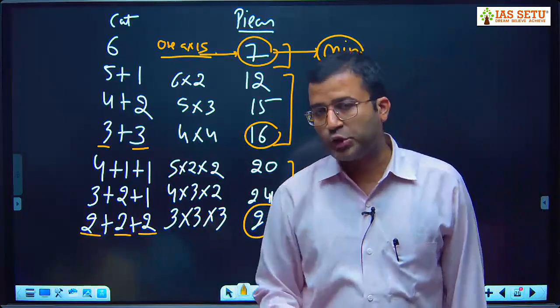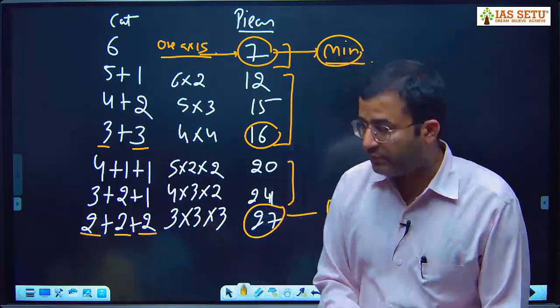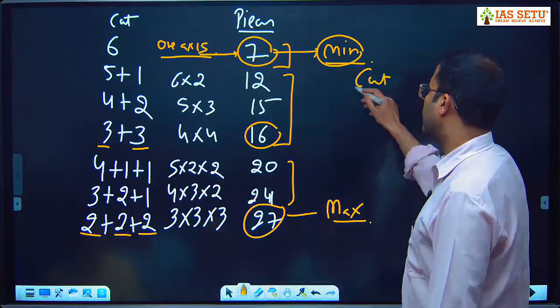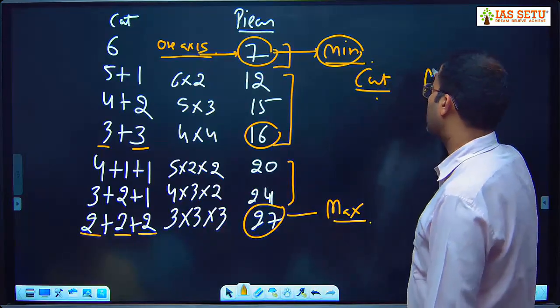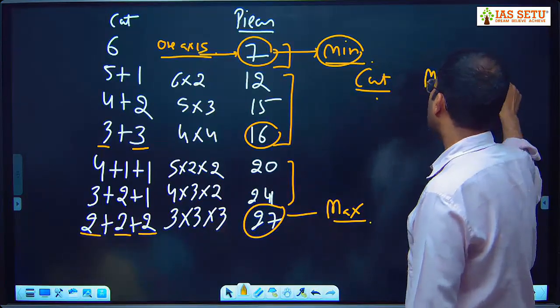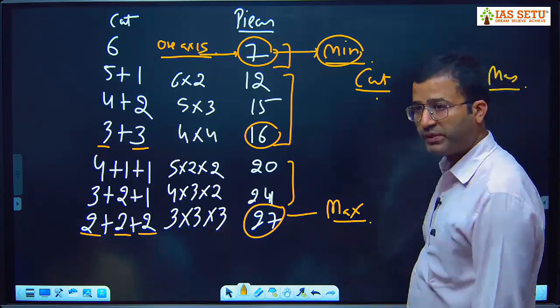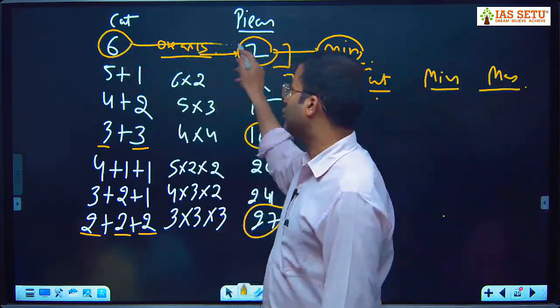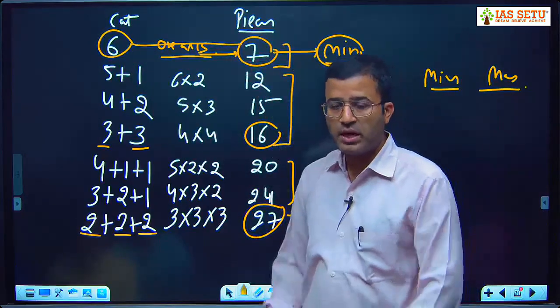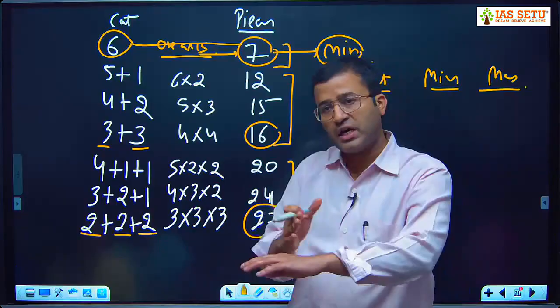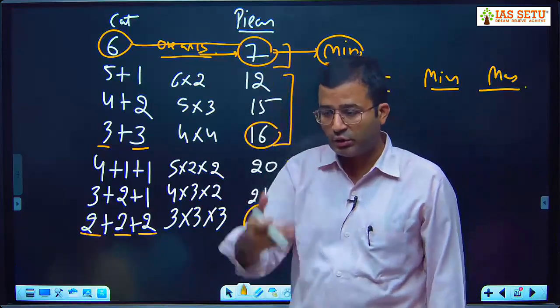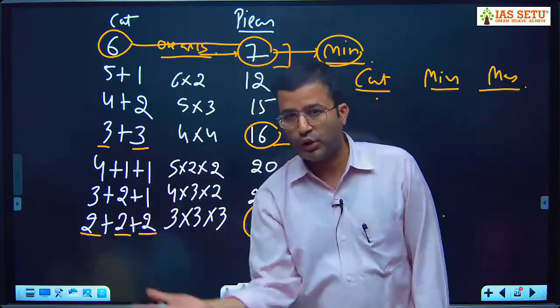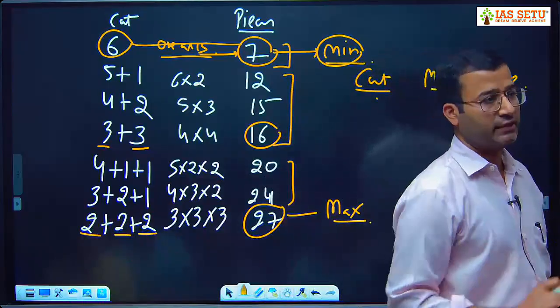So what is the topic here? Examiner will give you number of cuts and will ask you with these many cuts what are the minimum number of pieces possible and what are the maximum number of pieces possible. And in front of you with 6 cuts you get minimum 7. आप 6 कट ऐसे डालोगे तो 7 पीस आएंगे, अगर आप 6 कट 2 प्लस 2 प्लस 2 लगाएंगे you get 27 pieces.